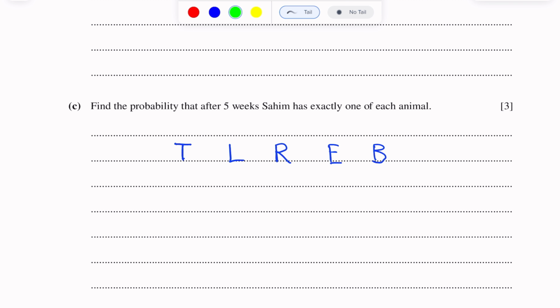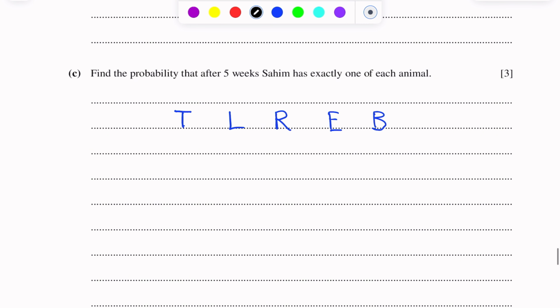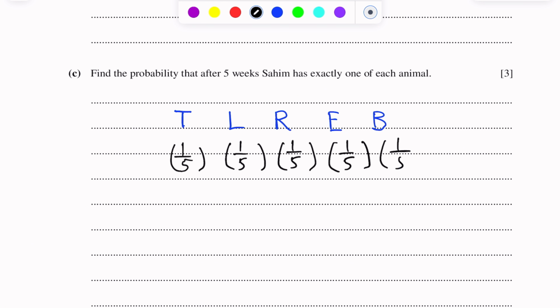So, probability of each animal is same. Probability of tiger is 1 over 5. Probability of leopard 1 over 5. Probability of rhinoceros 1 over 5. Probability of elephant 1 over 5. Probability of buffalo 1 over 5.